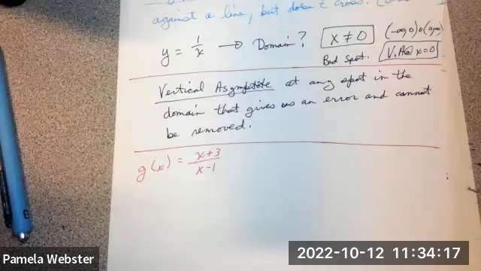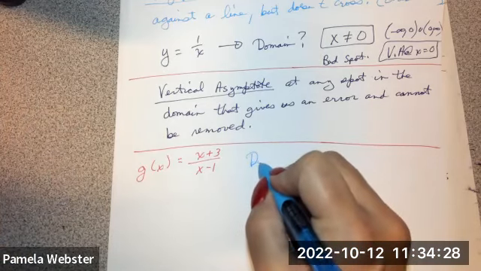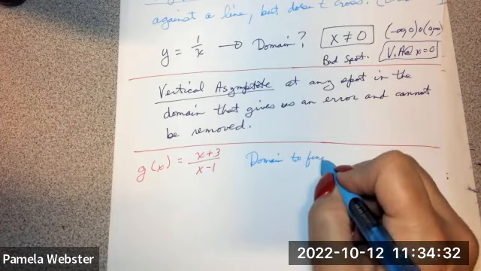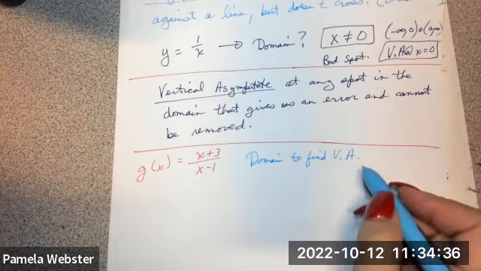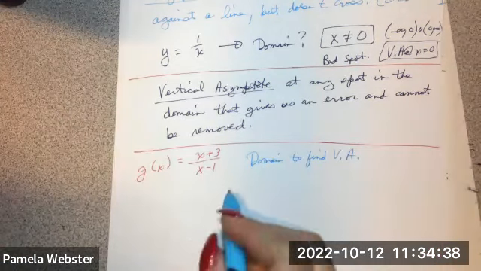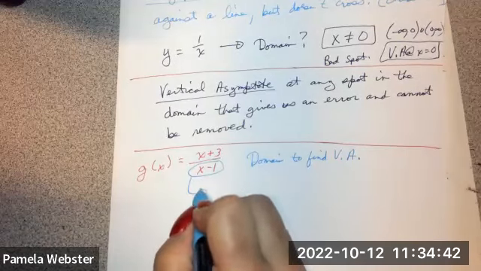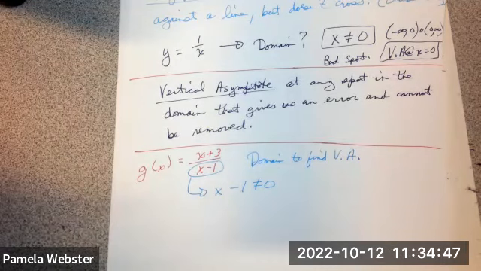All we're doing right now is looking for vertical asymptotes. So for the vertical asymptote, what I do is I deal with the domain. To find vertical asymptotes, I'm going to be really lazy and call that VA all the time. The problem is in the denominator. We don't care what's going on in the top, right? The problem is down here. x minus 1 cannot be equal to 0. Does everybody agree with that?